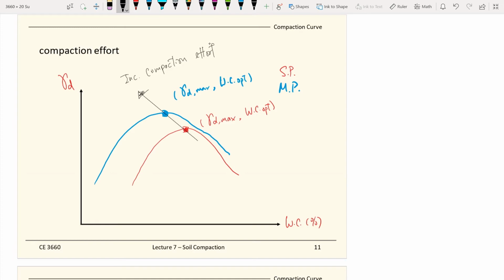So you can project that if you keep increasing the compaction effort in the lab, which corresponds in the field, you will always go in this direction. You keep going that way, that way, and that way. And this line here is called the line of optimums.